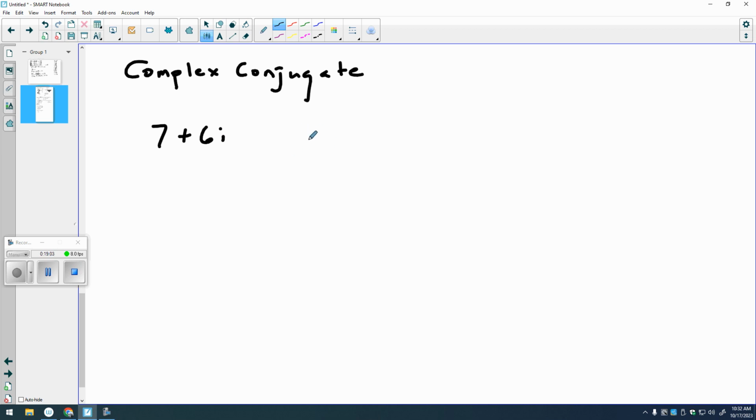The complex conjugate changes the sign of the imaginary part. So the complex conjugate for this is 7 minus 6i. Okay, by definition, complex conjugate, switch the sign of the imaginary part. So if I have a negative 4 minus 3i, the conjugate would be a negative 4 plus 3i.